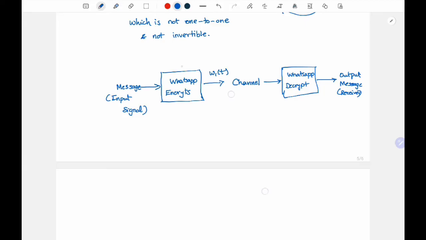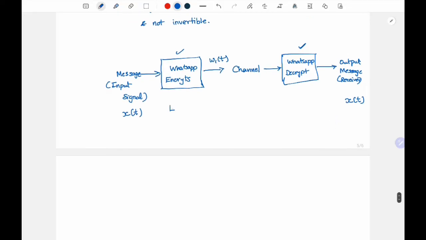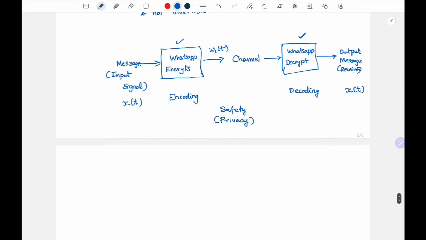Whatever is encoded here, the signal transformed here, this should do the opposite of that, such that the same signal x of t also comes out here. So it helps in encoding and decoding, and also ensures safety and privacy. So these systems are helpful here.